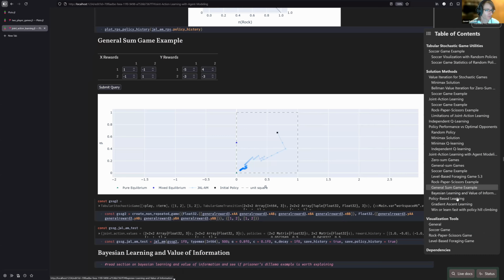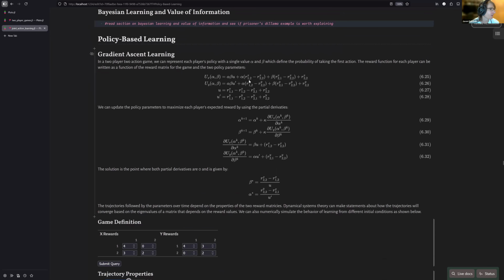So let's just look at policy-based learning. Here I'm just recreating this, and there's a slight difference in notation. Here I'm using alpha and beta for the policy, which is the notation used in the book. So we have agents X and Y. Their policies are defined by alpha and beta.